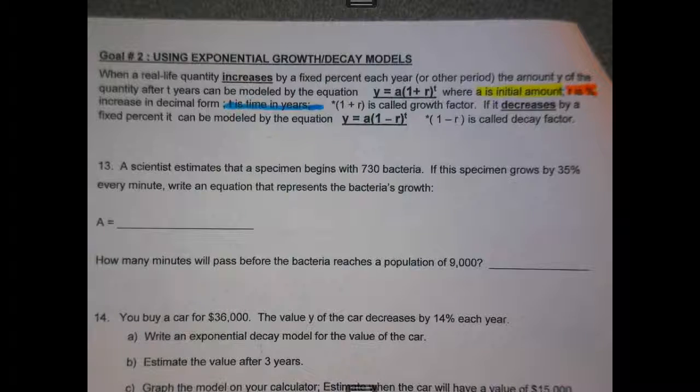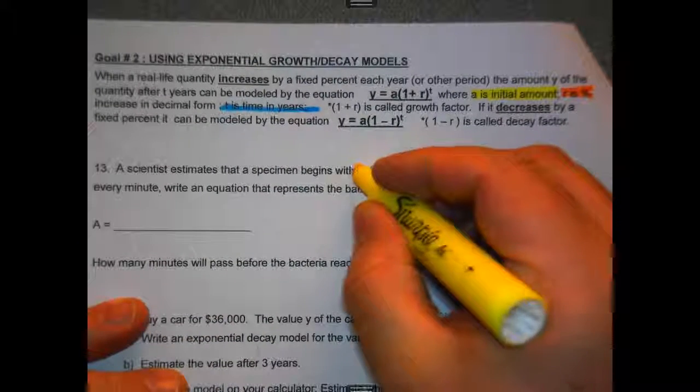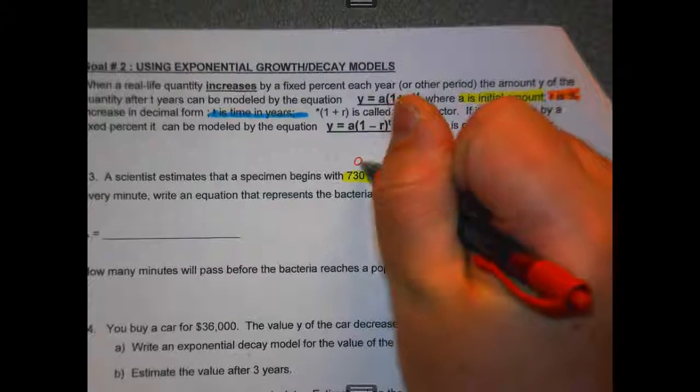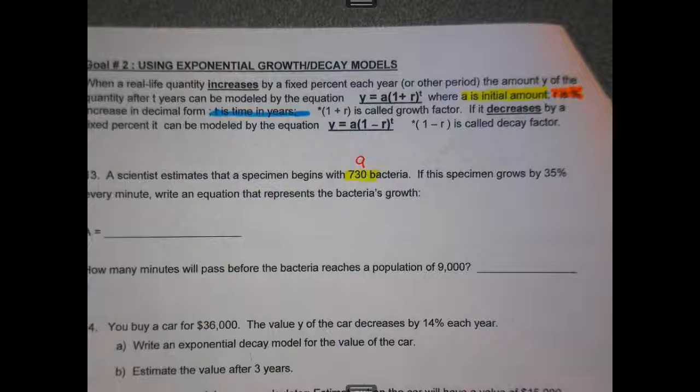A scientist estimates that a specimen begins with 730 bacteria. What's 730? It's my A. If the specimen grows by 35%, what's that?